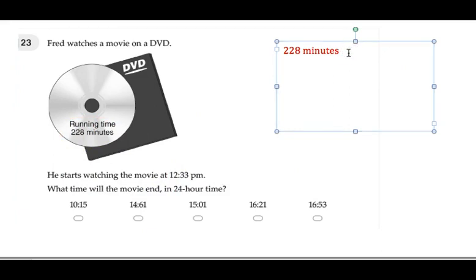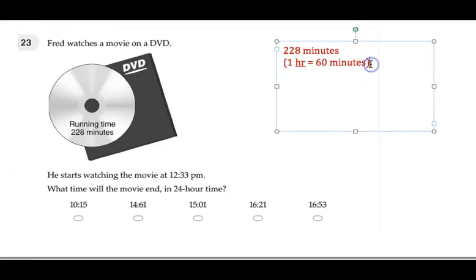We know that 1 hour is equal to 60 minutes. We need to see how many hours and minutes 228 minutes is. You can do 228 divided by 60, and you'll find that you get an answer that says 3 point something.